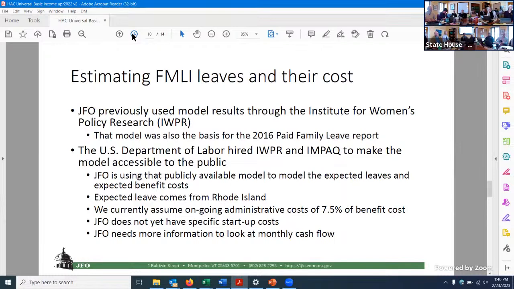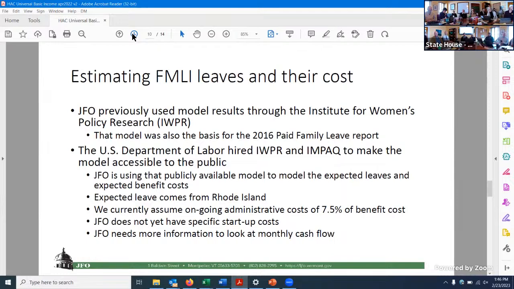It's amazing, and we are very lucky to have it. If you're familiar with the 2016 Paid Family Leave Report, it's the very same IWPR model that was used for that report. As I said, we are using that model, which is based on census data.